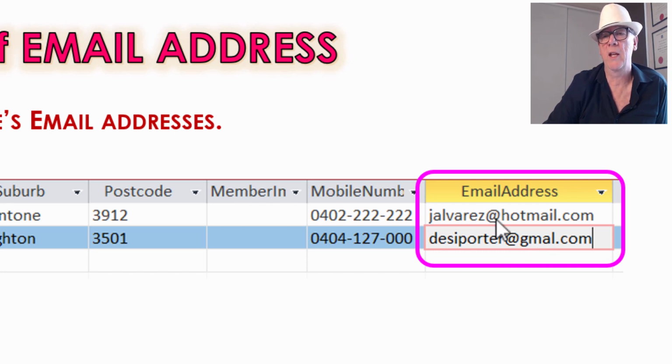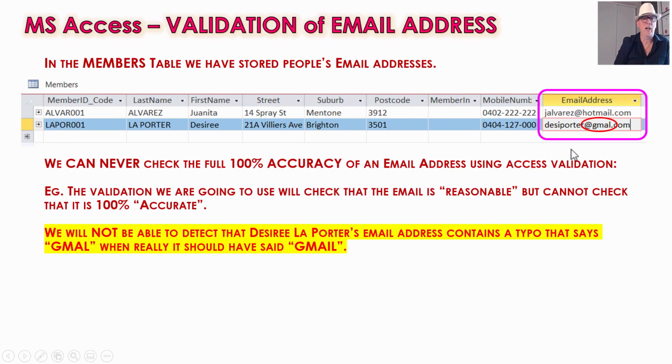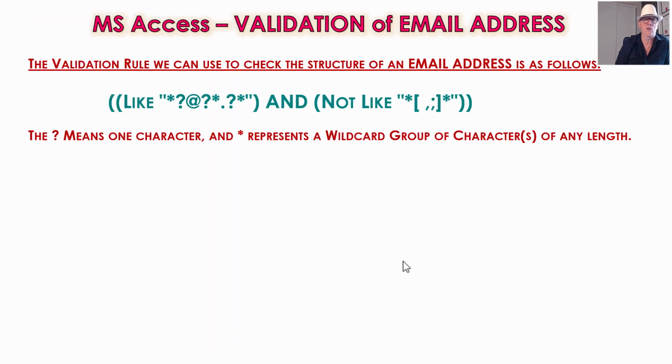So we can only check really that it's got something at something and then it's got a dot something on the end of it, okay? That's all the checking we can do really. So if they mistype Gmail, we can't really detect that. But we can check that at least it's got something at something and then a dot something else. And they haven't accidentally put a comma or a semicolon in there instead of a dot. We can check all that out, and that's what we're going to do with this rule.